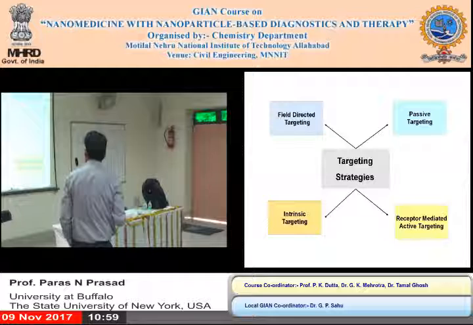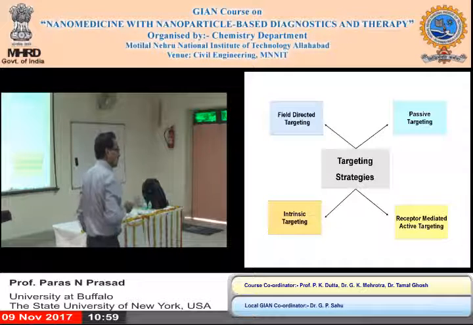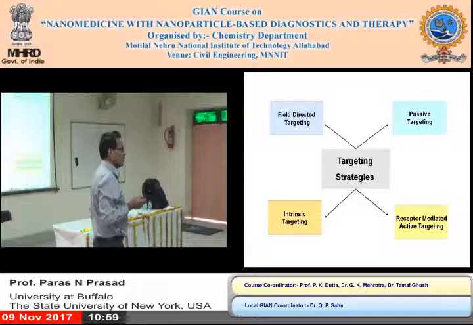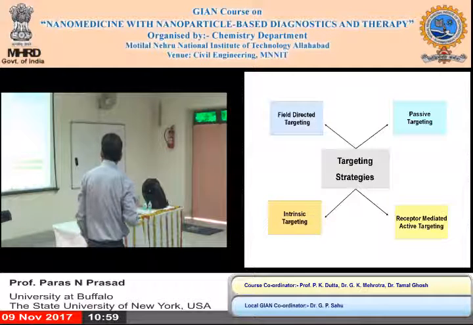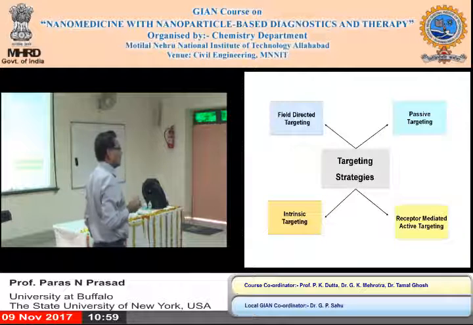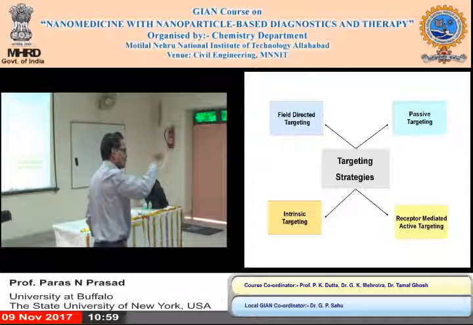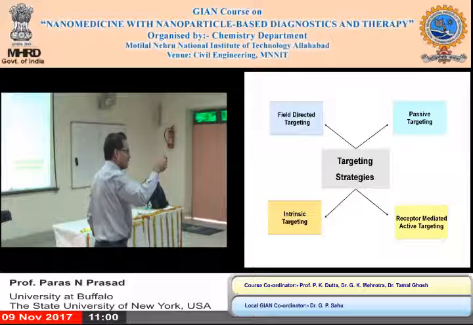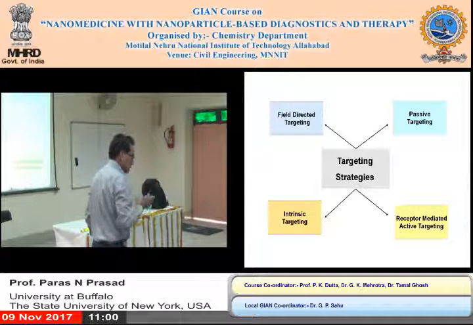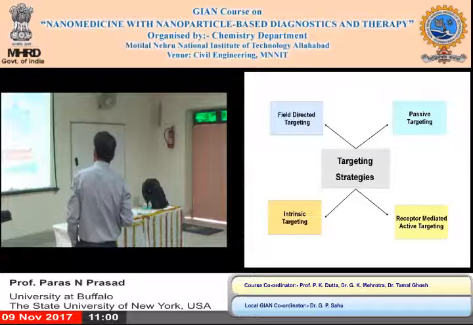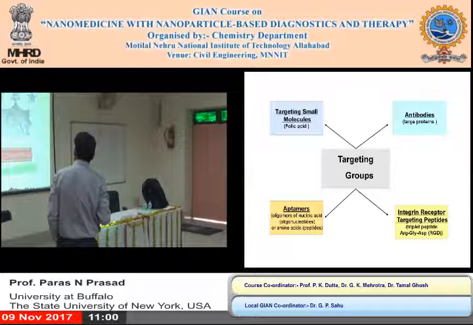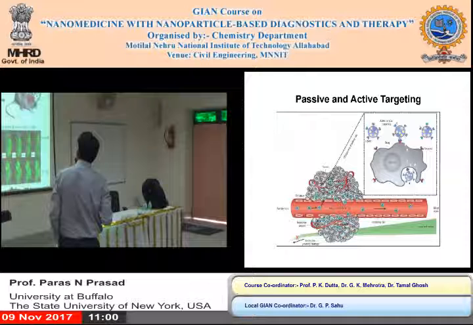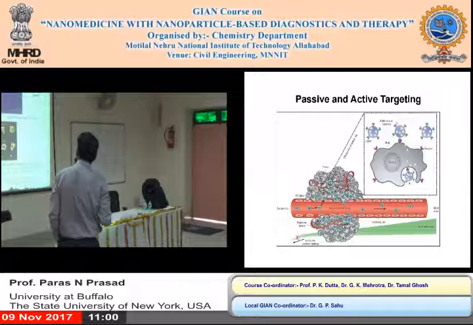And then the other one is intrinsic targeting, as I said, photodynamic therapy. These porphyrins, they themselves want to drive and find it. And the last one is what is called receptor-mediated active targeting. That means you put active groups like antibody or something on the surface to look for the target. So this gives you an example of how the capillaries are in the tumor and how it gets sponged, acts as a sponge. This you already saw an example of.